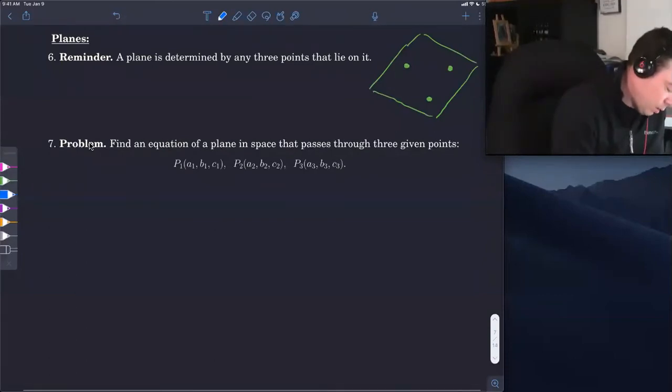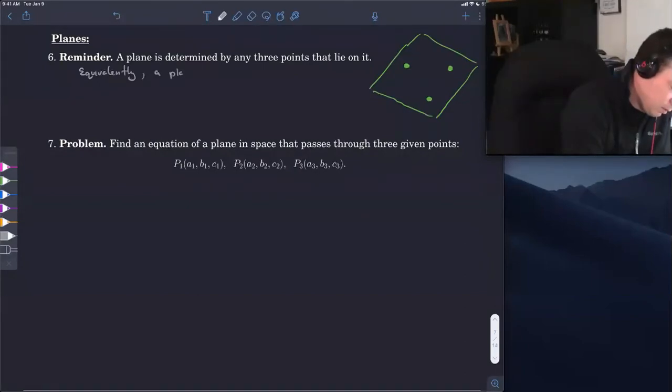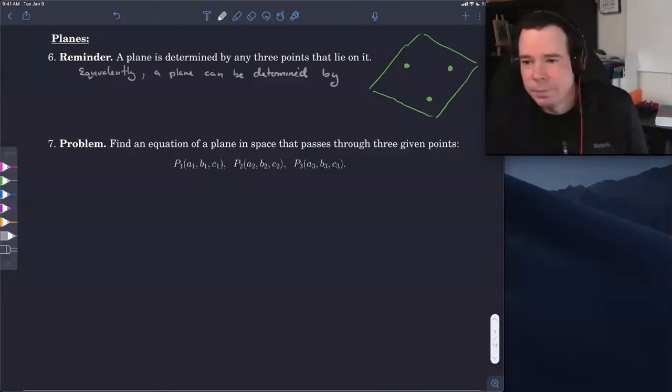How else could we determine a plane? So that's just in terms of points. Equivalently, how else could we determine a plane? Here's where we want to bring vectors into the picture.